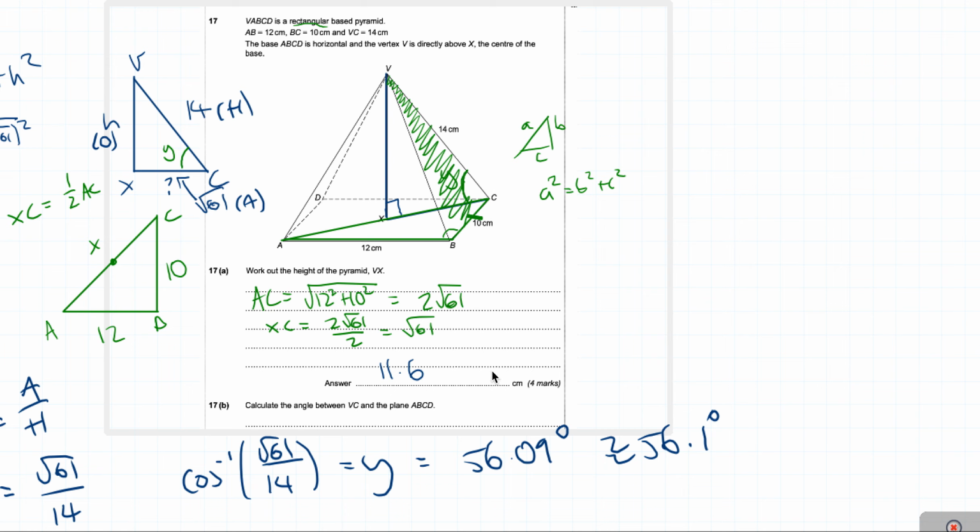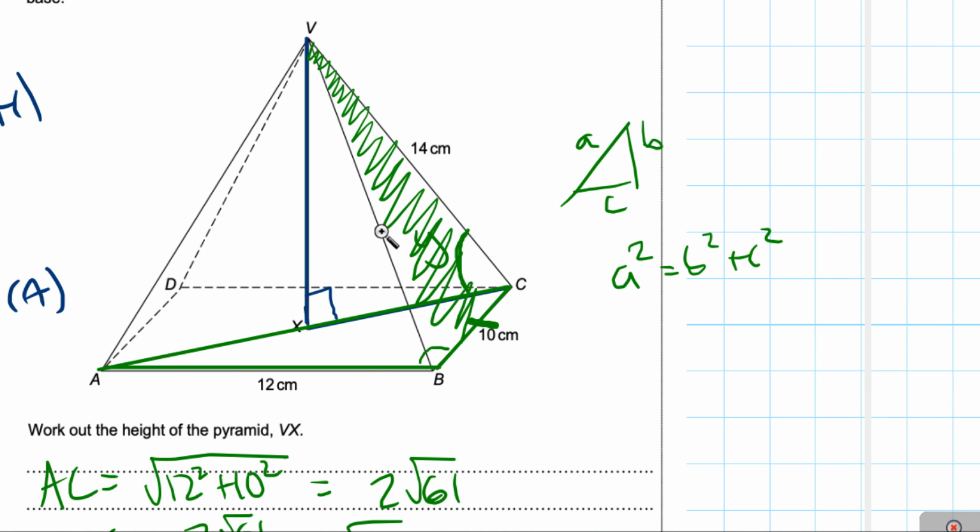So here what we're going to do is make a triangle from V to the midpoint of BC, which we call M, and then another to X, and then from X to V. So here we get a new right angle triangle, which we're going to use to find our values.